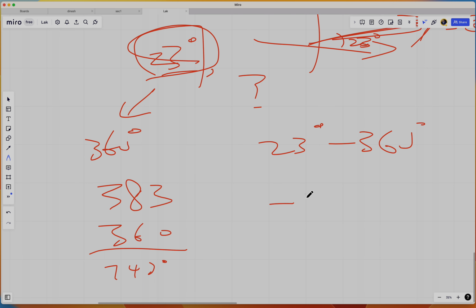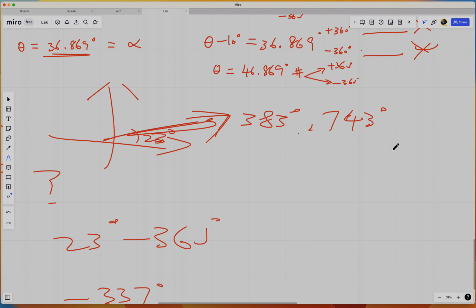Negative 337. This is also negative 337. We talk about the concept that if they give you 23 without giving you the range, you are going to have infinite answers. So how do we know when we stop? Because of the range. Exactly.